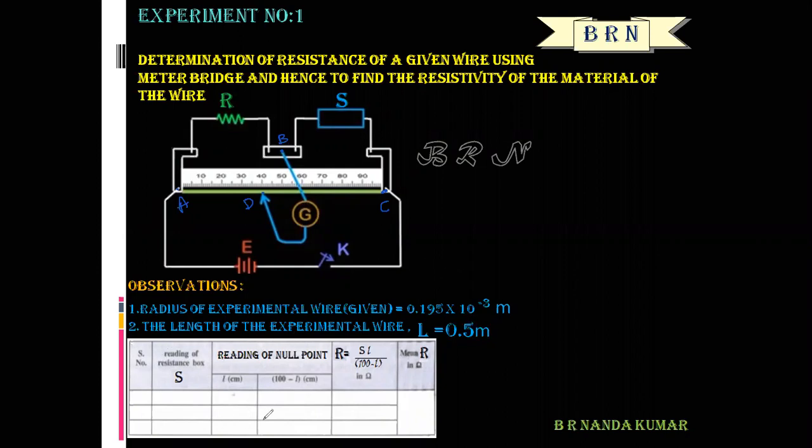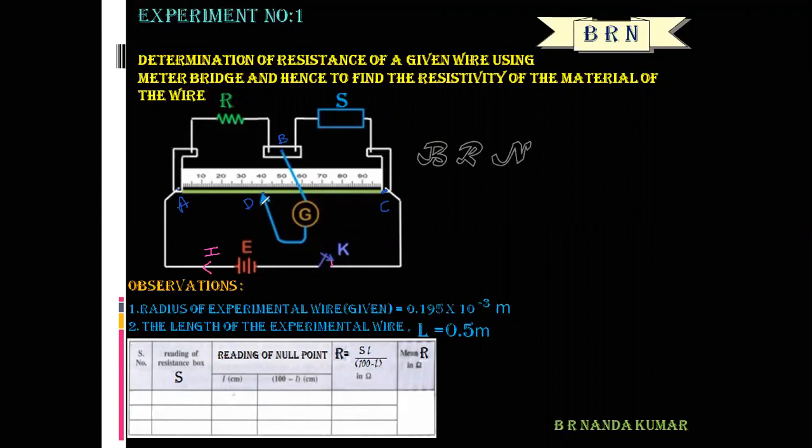And this is the tabular column. Now let us start the experiment. First, close the key in the plug. Now the current is drawn from the positive terminal of the battery and flows through the bridge wire.